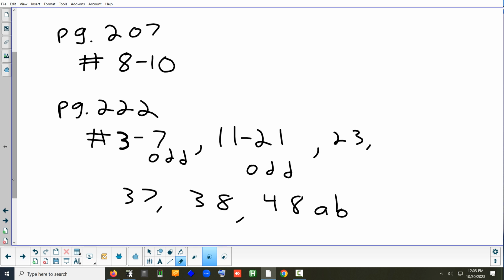So that's 8, 9, and 10. And then on page 222, make sure on the 3 through 7 and 11 to 21, it's just the odds. I guess since I erased one, I could just make it 11 to 23 odd if you want. Simplify it.